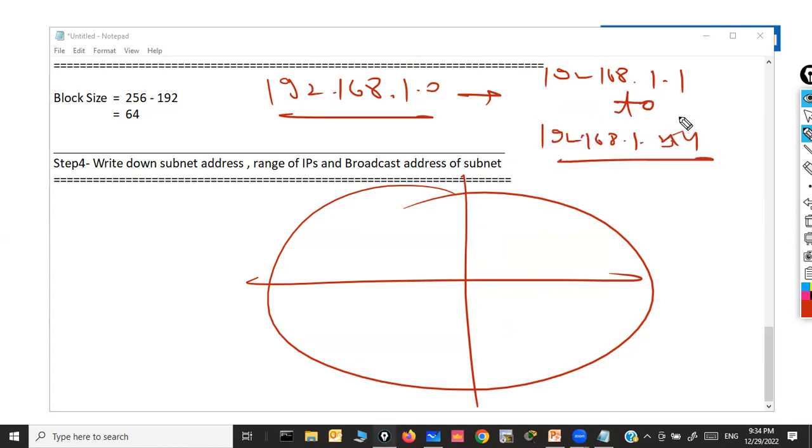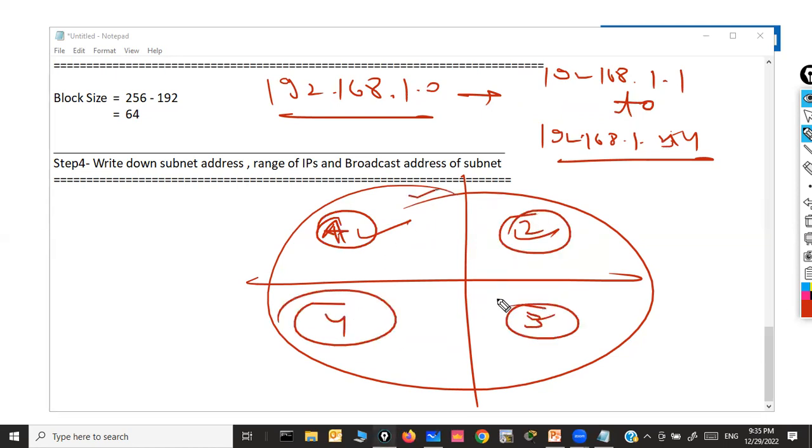But what we did, we divided this big class C network into 4 small networks. Network 1, or subnet 1, subnet 2, subnet 3, and subnet 4. 4 subnets. Now, what would be the IP range in each subnet? We will have to find out that range of IPs, from where I should start assigning IPs to computers in this subnet, in this subnet, in this subnet, because we cannot use 1 to 254 now, because this network has been divided into 4 subnets. So we need to find out that value, right?